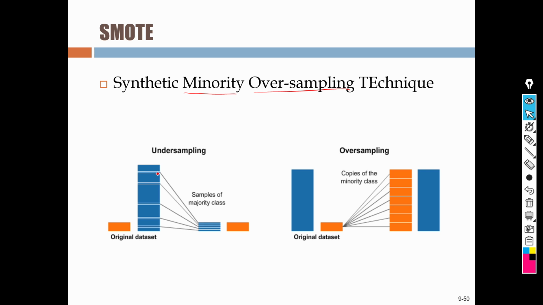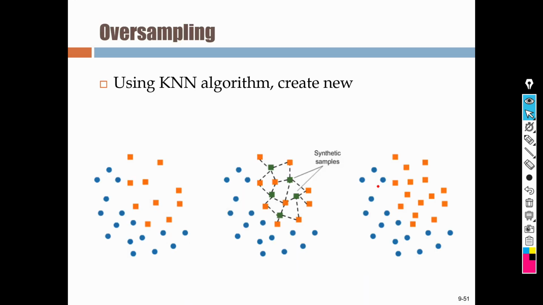Undersampling is where we just reduce the number of the positive, the blue ones. I will use all the orange ones here, but I select only a few. But in oversampling, using the small number of data, I have to create a lot of data. But how can I create the copies in this way?